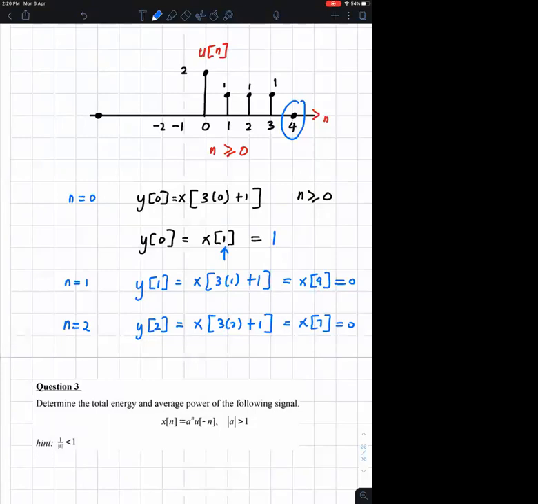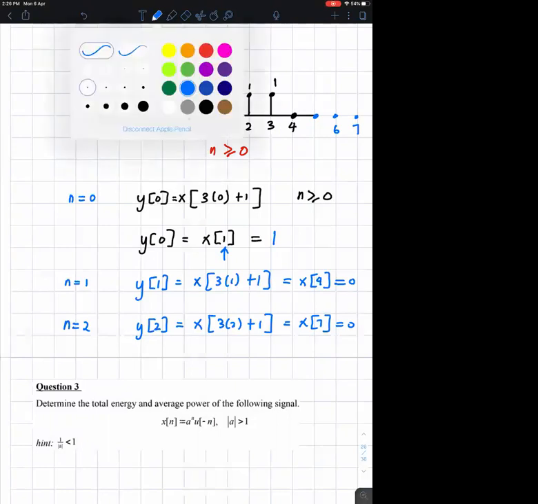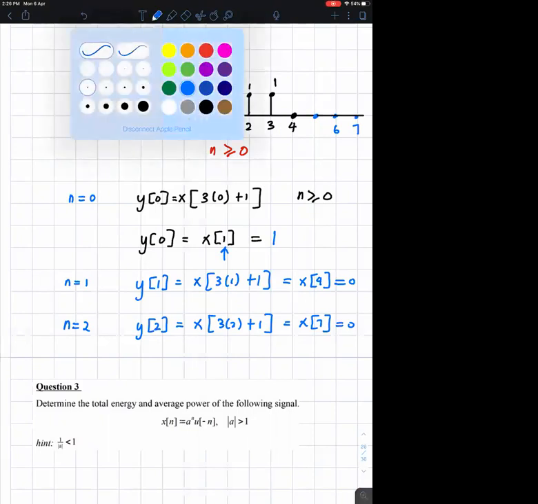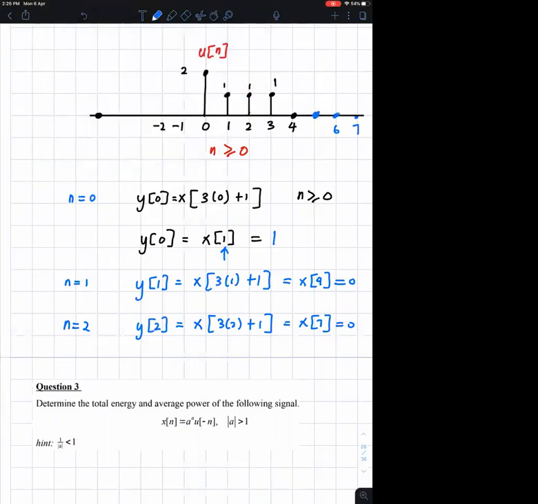So above this value, it's 0 at 5, it's 0 at 6, it's 0 at 7. So at 4 and above, it's going to be 0.